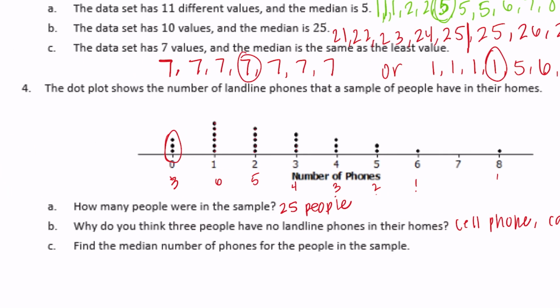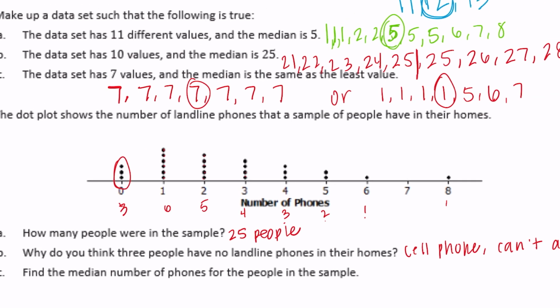C, find the median number of phones for the people in the sample. Okay, so I'll cross them out in green.